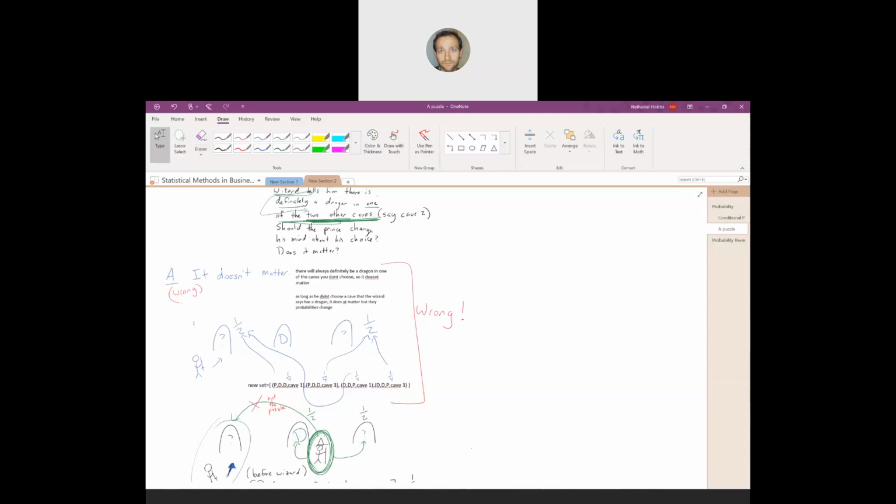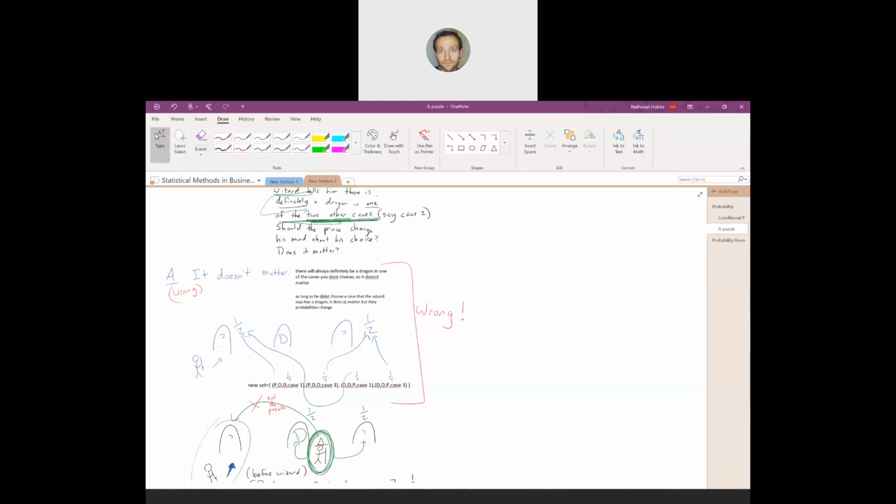And given that the knight walked in knowing that it was a random choice and that he was, with a 2/3 chance, wrong, when there's a cave that's revealed that only leaves two options, then the probability of him being wrong doesn't change.